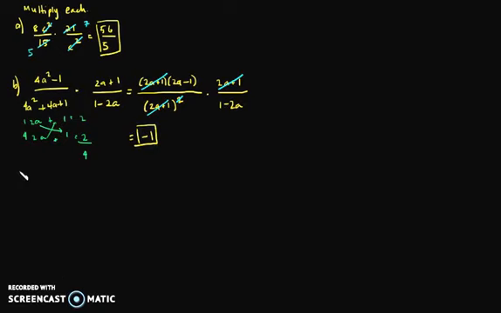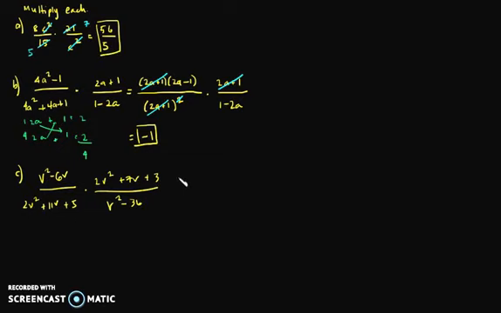Okay, so another example. How about if we have b squared minus 6b all over 2b squared plus 11b plus 5, multiplied by 2b squared plus 7b plus 3 over b squared minus 36.